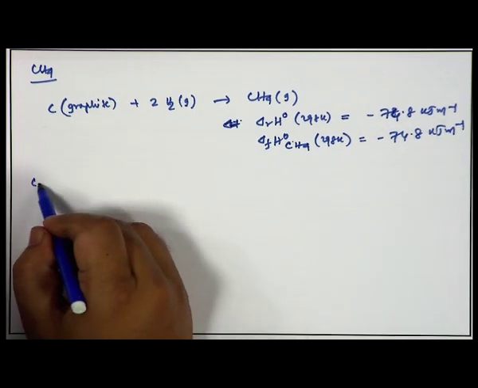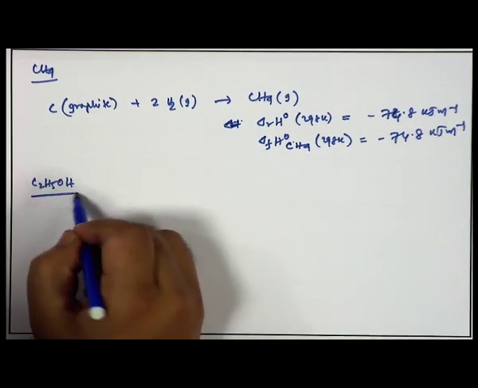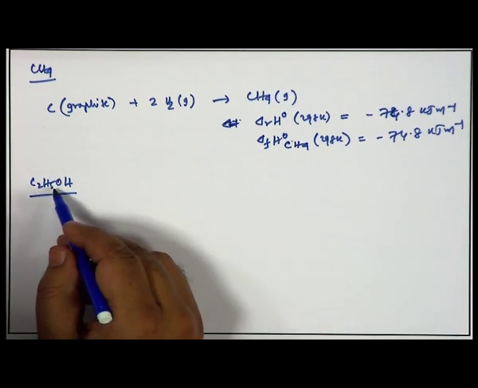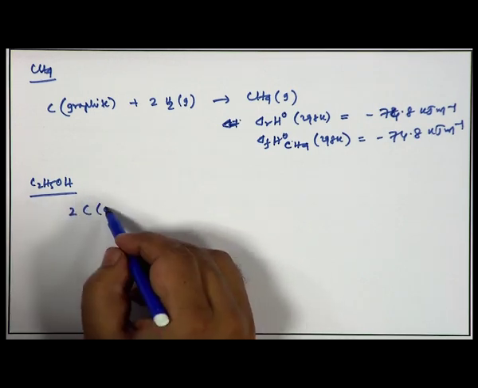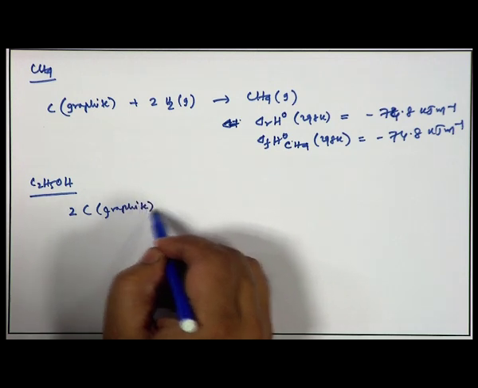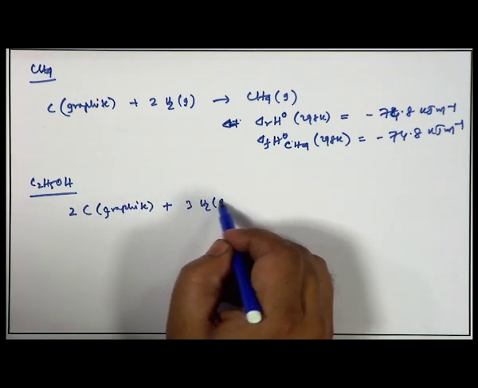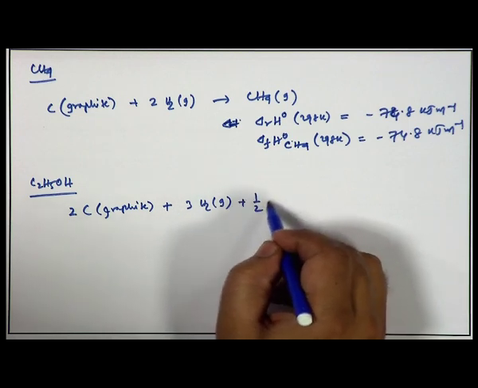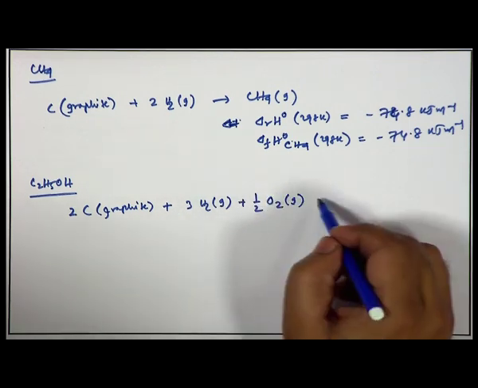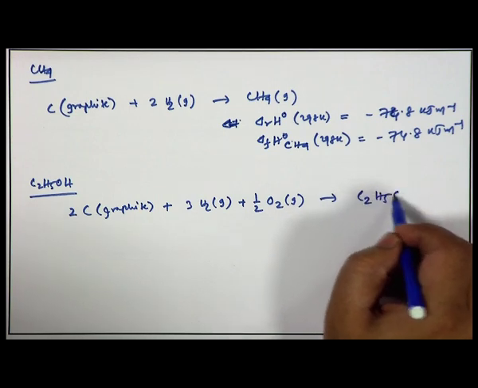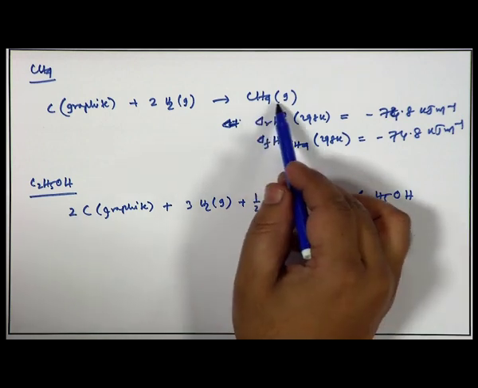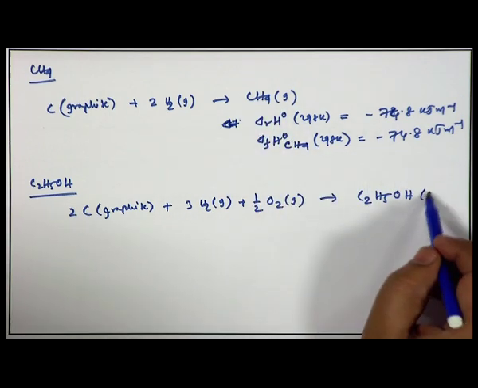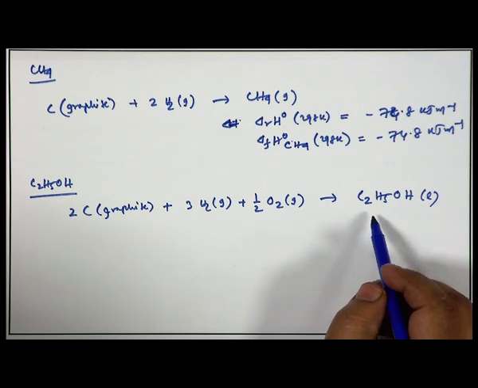If we talk about another example, C2H5OH, ethyl alcohol, again the constituent elements are carbon, hydrogen and oxygen. So, we can write a balanced equation for 1 mole of ethanol: 2 graphite plus 3 H2 gas plus half O2 giving us C2H5OH. Now, we are talking about 1 mole of ethyl alcohol.